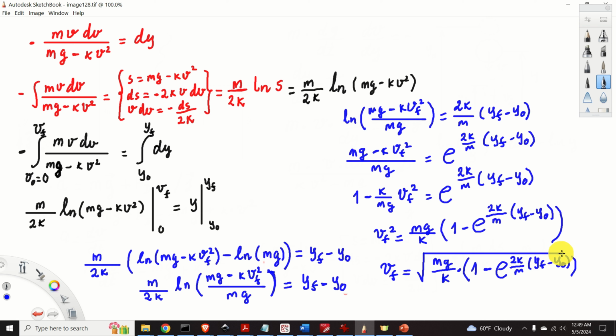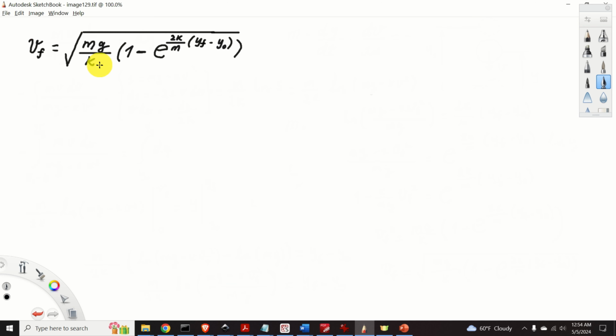And that's the final expression for the velocity vf. Here again is our solution. This is the velocity of the ball at some time instant t corresponding to the height yf.